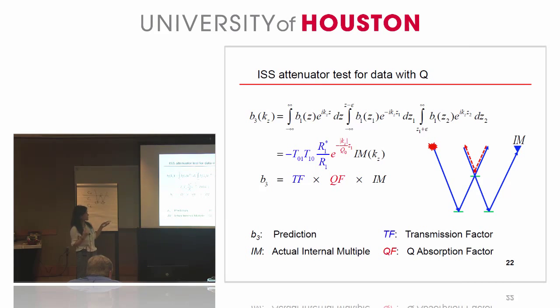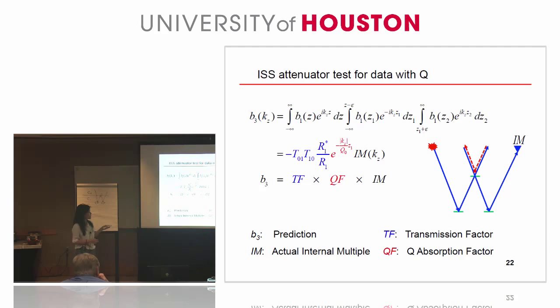Now we go through the calculation and have the analytic result of the predicted internal multiple b3. As I mentioned, we can analytically express the actual internal multiple of the data. Now we compare this predicted internal multiple with the actual internal multiple of the data, and we will have this relationship.